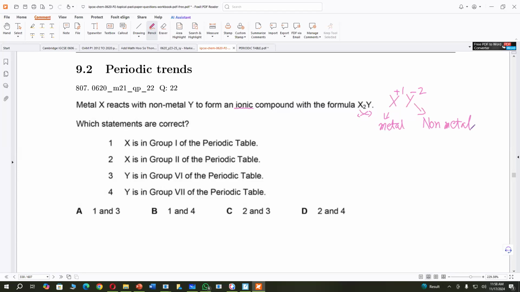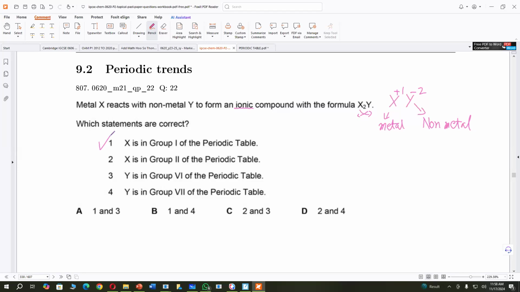X is in group 1. Y is in group 6. Option 1 and 3: X is in group 1 of the periodic table. That makes sense. X in group 2 is possible, but 1 and 2 is not an option.